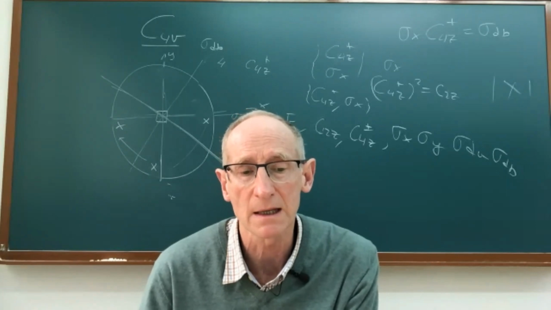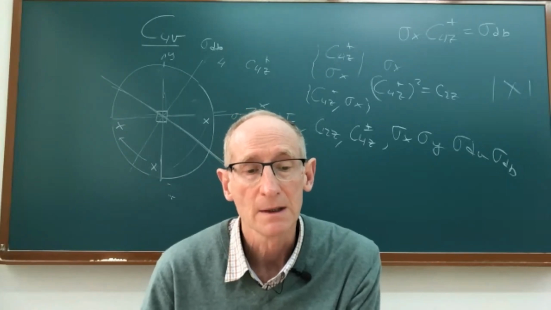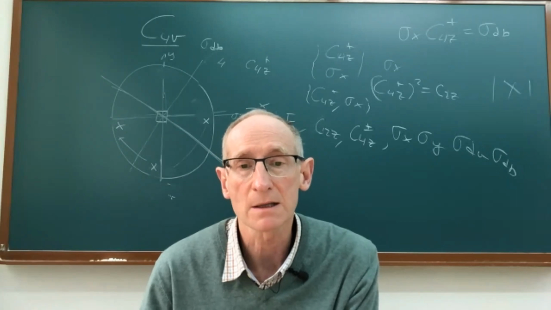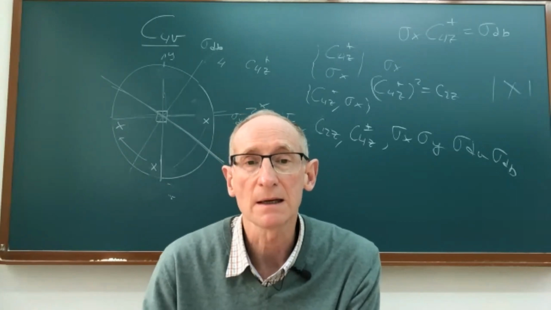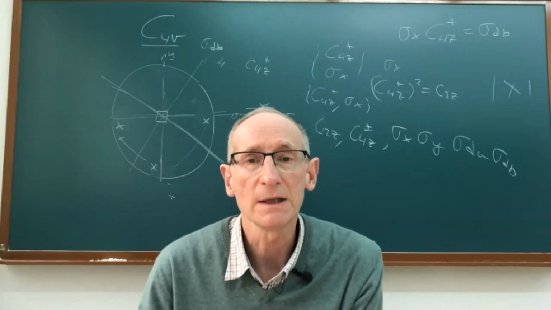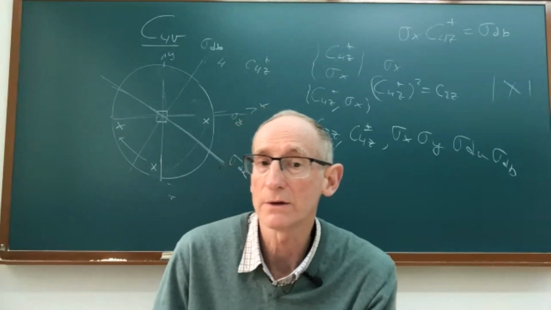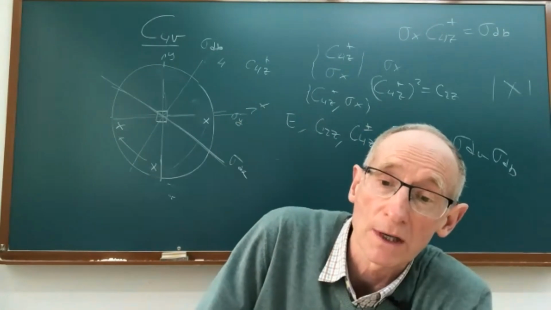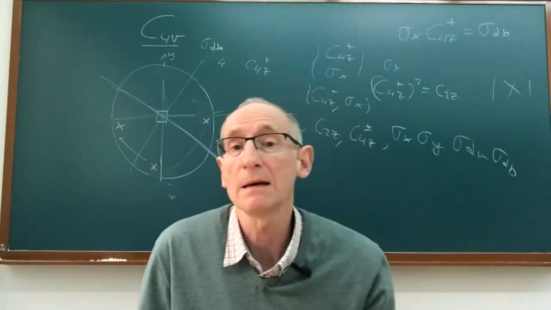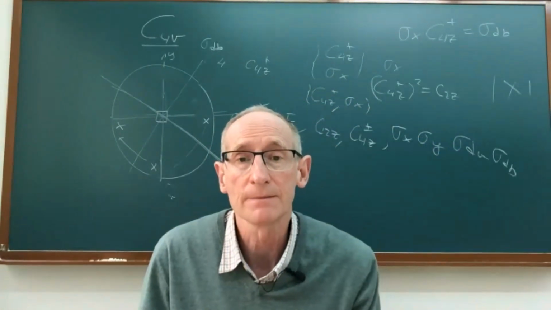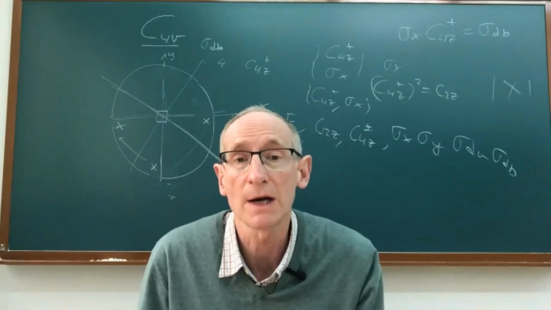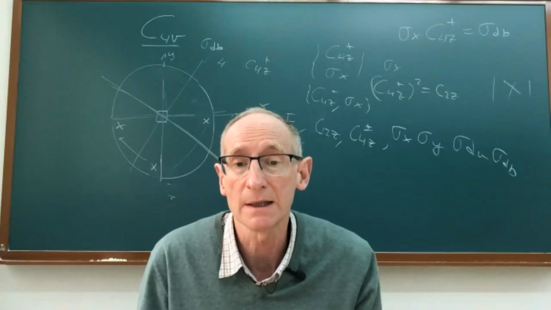One s orbital, and then the 3 px, py, pz orbitals. So this means that in each unit cell, I have to consider 8 orbitals. So if you are familiar with tight binding models, this means that you will get a Hamiltonian, which is an 8 by 8 matrix. You have to diagonalize it and you will find the 8 bands.